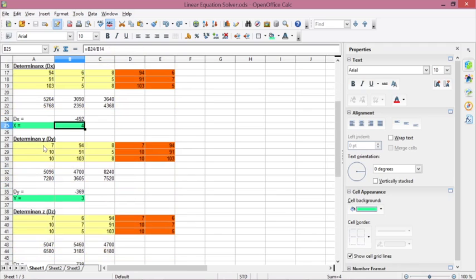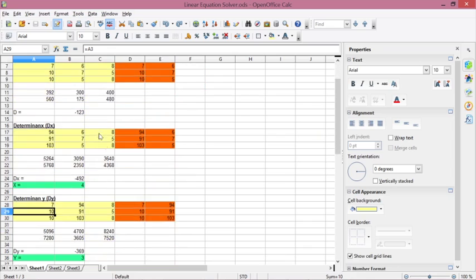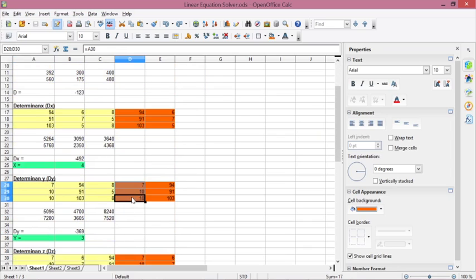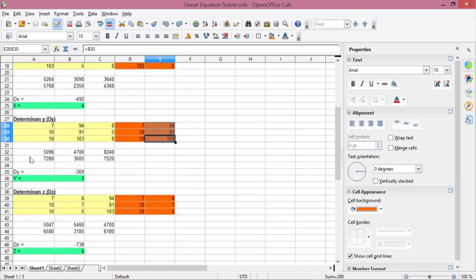And for the determinant y, you insert the values 94, 91, and 103 to the second column, and then insert the same matrix values for the first column and the third column. Then copy the first column to the orange section, and copy the second column to the orange section, and you do the diagonal multiplication.